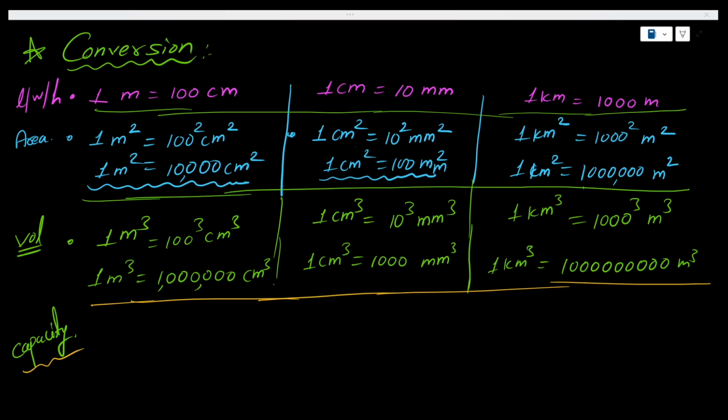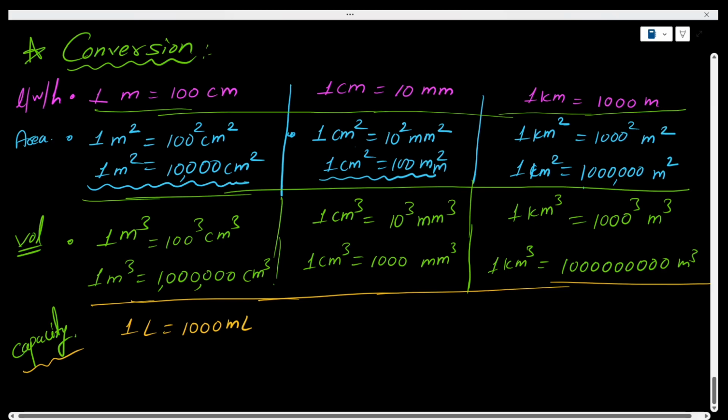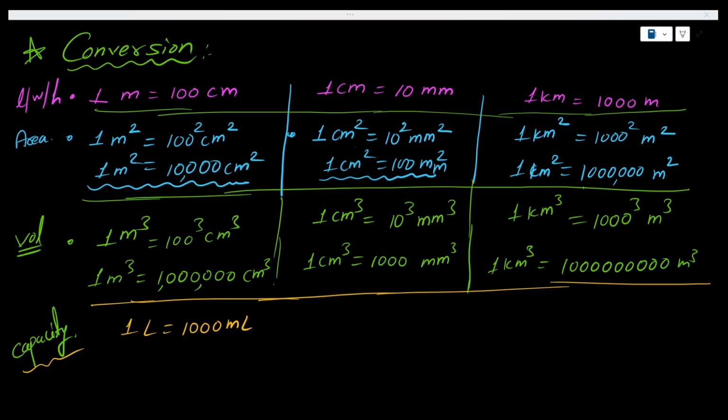So 1 liter is 1,000 milliliter, that you know. Similarly, 1 kiloliter is 1,000 liter. Now this is the basic unit.